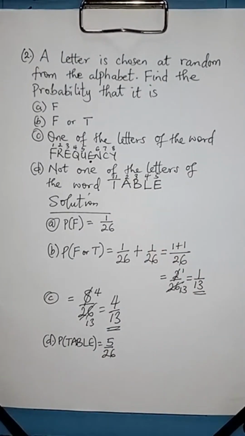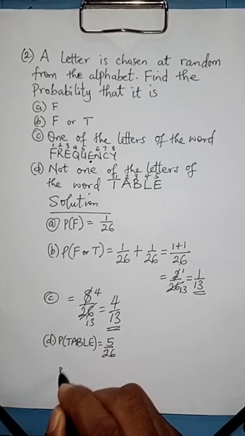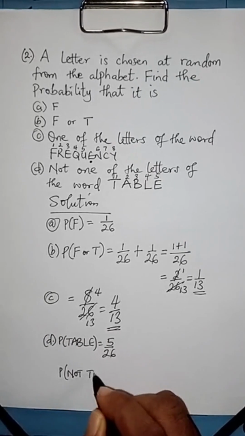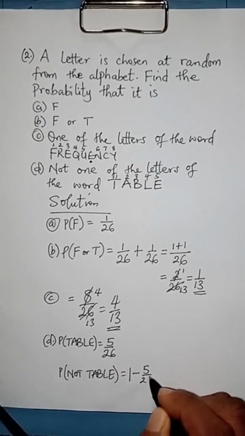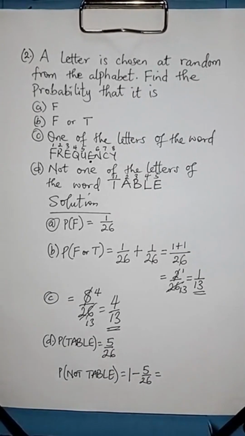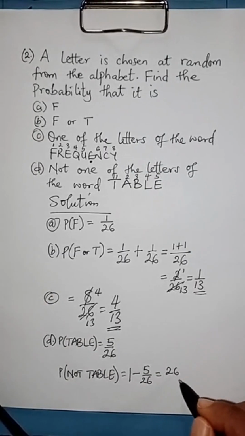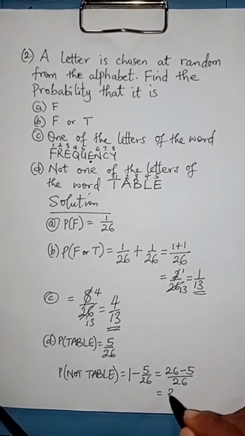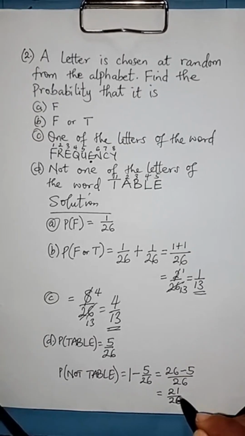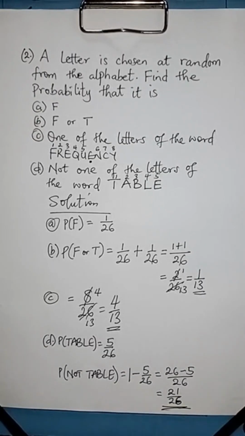Now, take note, the probability of not table will be 1 minus 5 out of 26. If you simplify, this is the same thing as 26 minus 5 divided by 26, which gives you 21 out of 26. So the answer to the question is 21 out of 26.